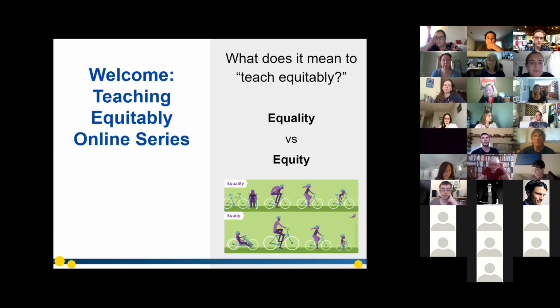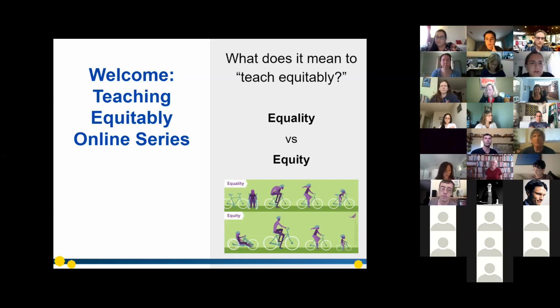for all students. Equality is when we're just treating everybody the same, right? Which is not fair when not all students are given the same opportunities and the same resources. And also sometimes the same respect or dignity, right?